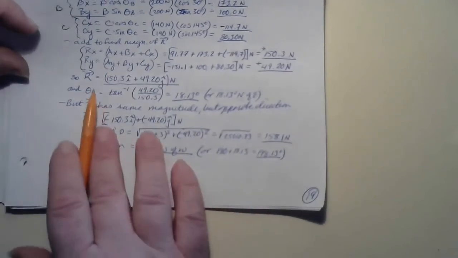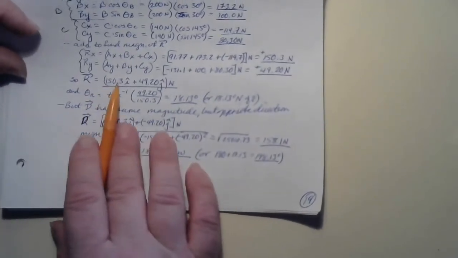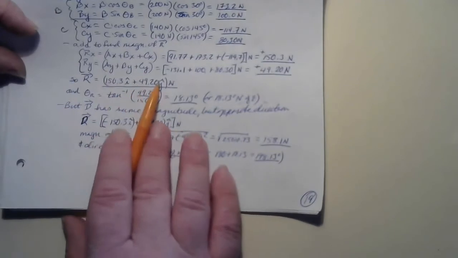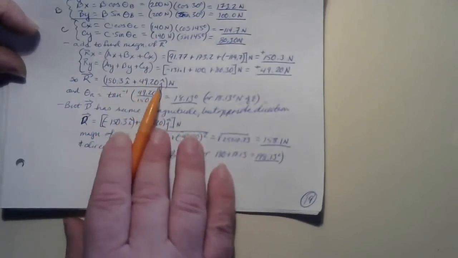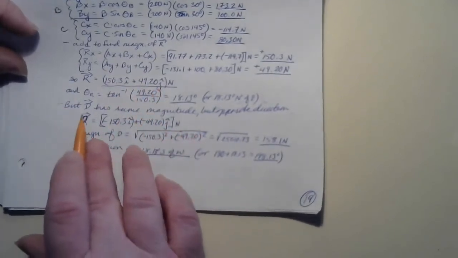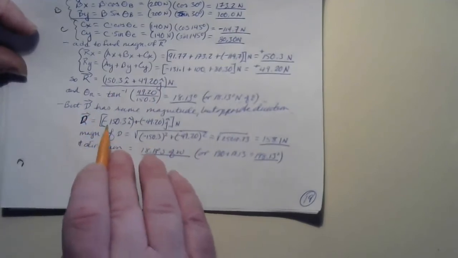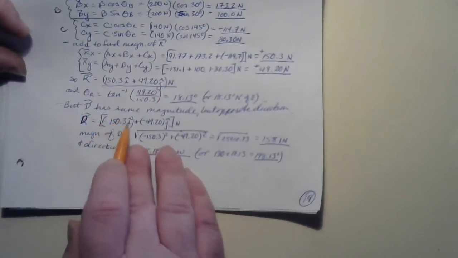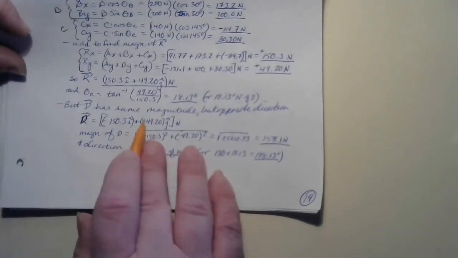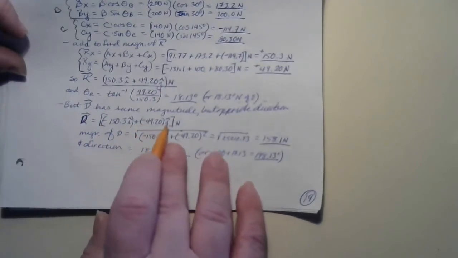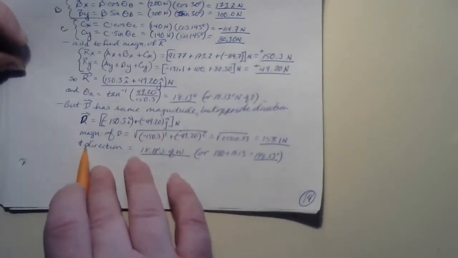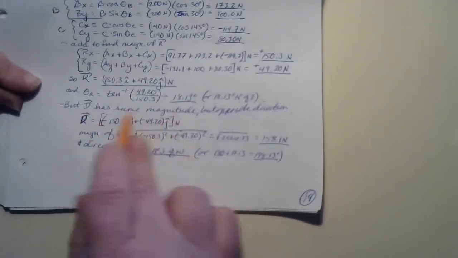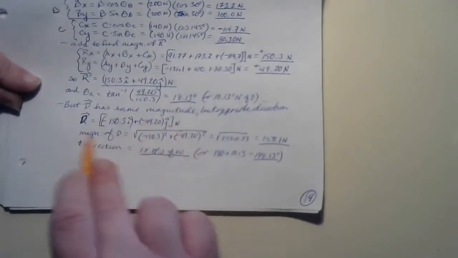So that means if the resultant was positive 150.3 i plus positive 49.20 j, then dog D, his vector must be negative 150.3 i plus negative 49.20 j. Okay, so that's the vector for dog D, the equation.